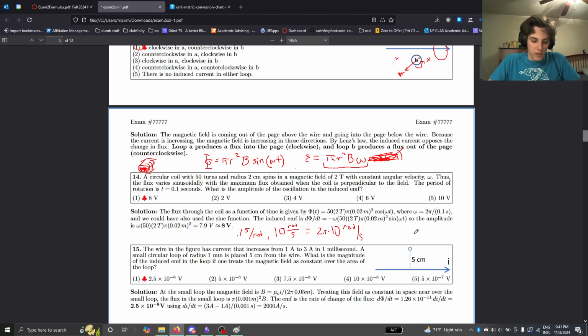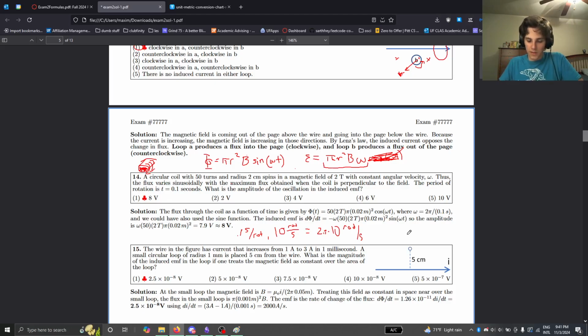So if you multiply that all together, you get pi r squared times B times 2 pi times 10. You get an answer that is nothing like what is on the thing. What am I doing? Is it 50?